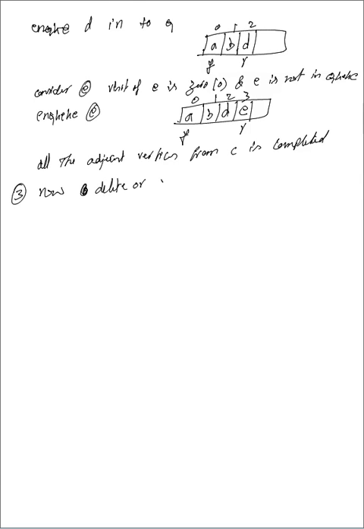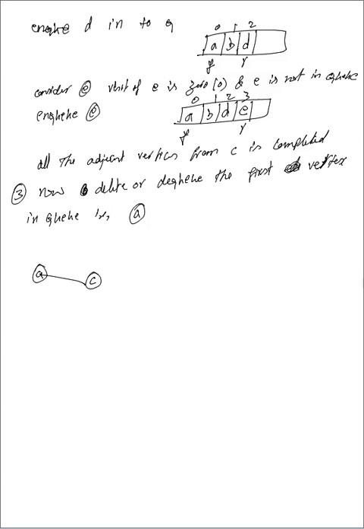Third step. Next, now delete or DQ the first vertex in Q, that is A. Like that only you have to take A. Now C is there, A will come like this.